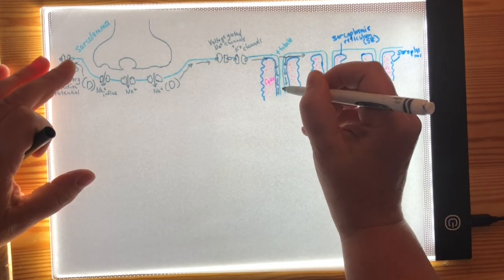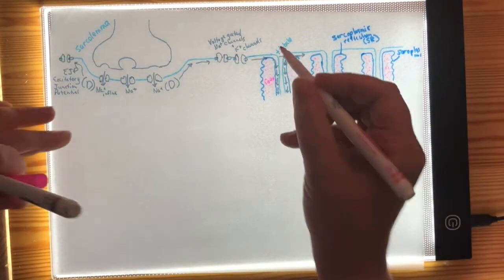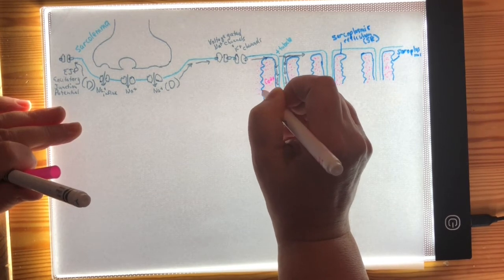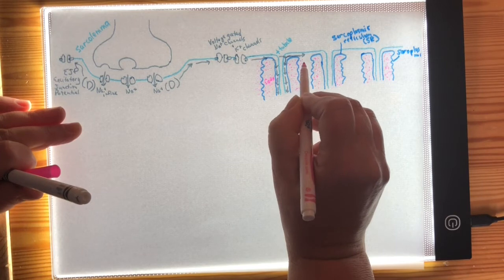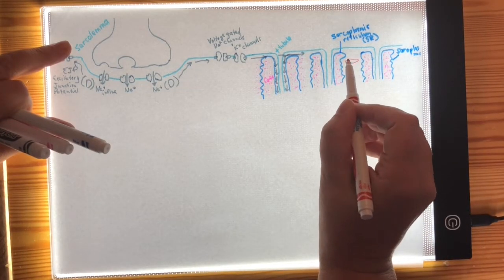All right, so let's follow that EJP, that excitatory junction potential. The charge is going to continue along the sarcolemma and dive right into that T-tubule. When a T-tubule experiences an EJP, it causes the sarcoplasmic reticulum neighboring it to release its calcium content.